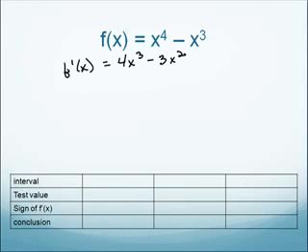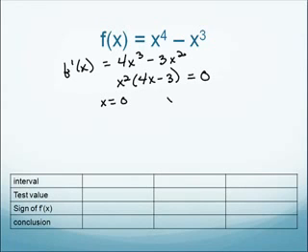Our critical values, well, it's never undefined, so we're just looking at when it's equal to 0. So we're going to take out our greatest common factor. Set it equal to 0. See that we have critical values at 0 and at 3/4.